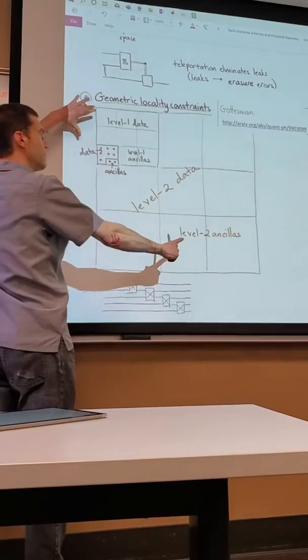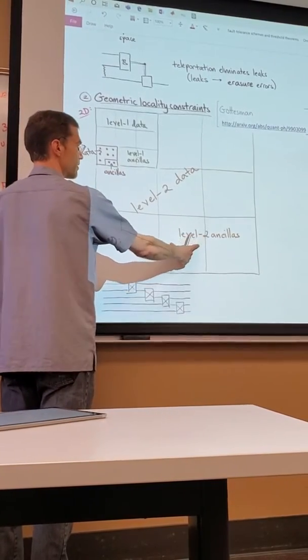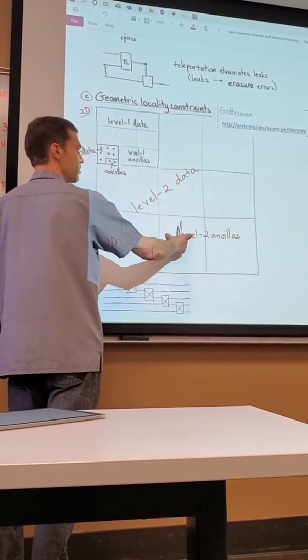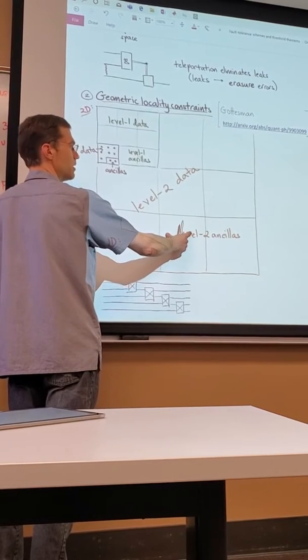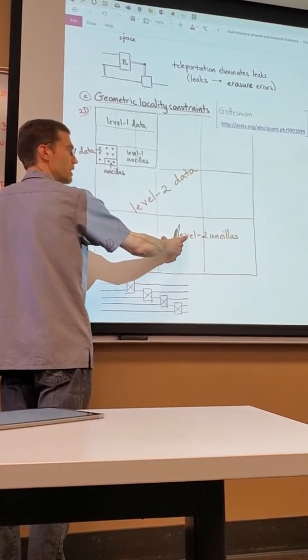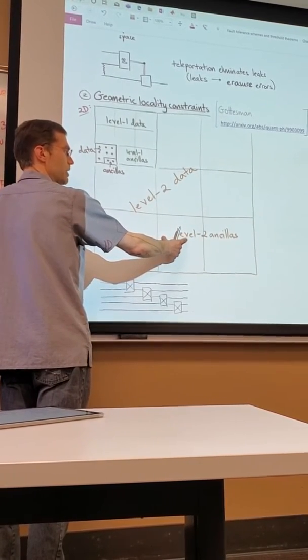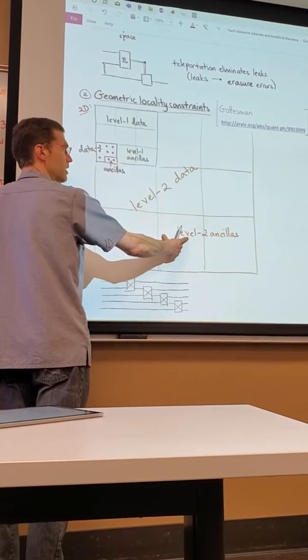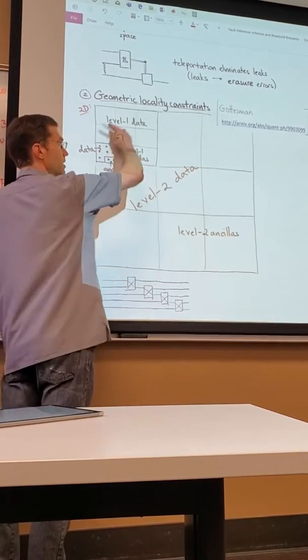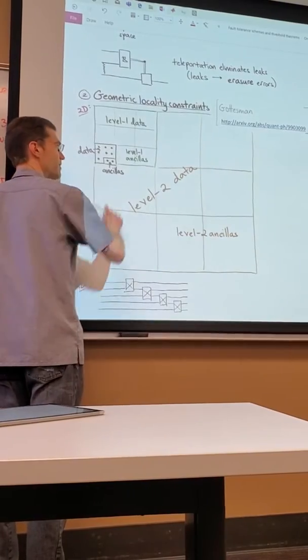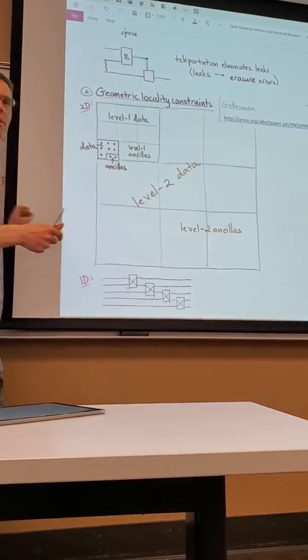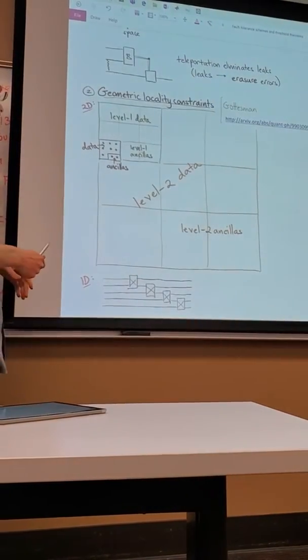Then you concatenate the whole thing again, and so these blocks of 81 qubits each are used for level 2 encoded states, the 49-qubit code, in order to error correct this 7 cubed qubit code. That's the idea.